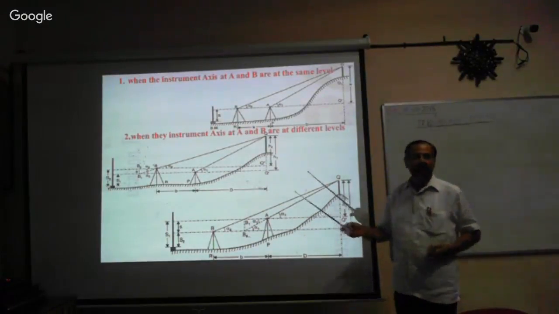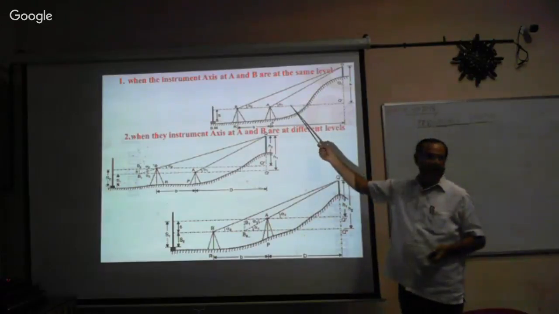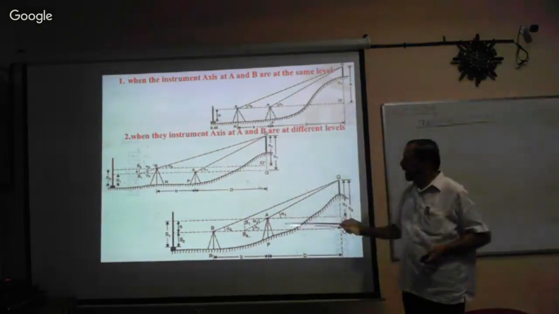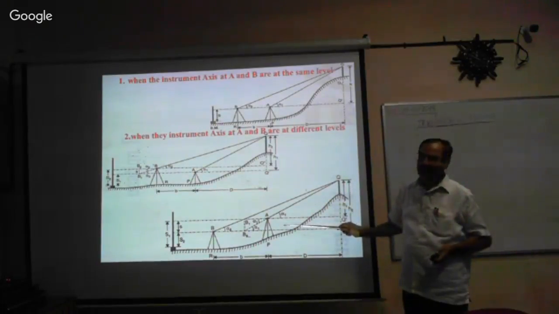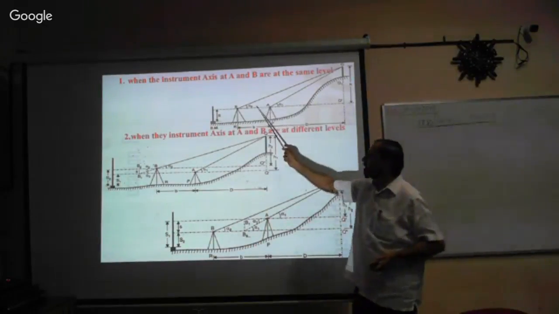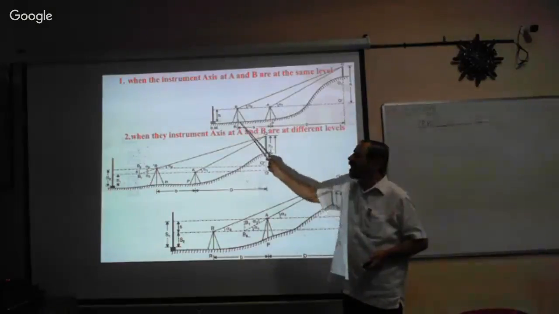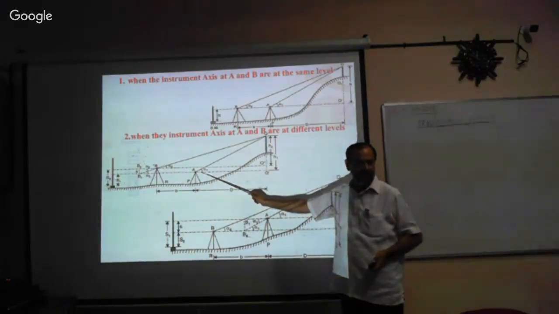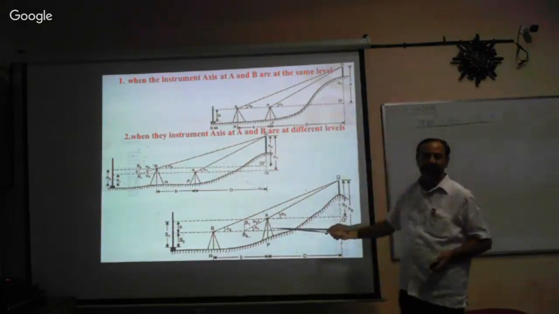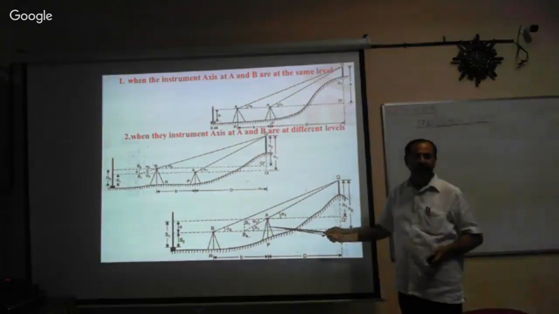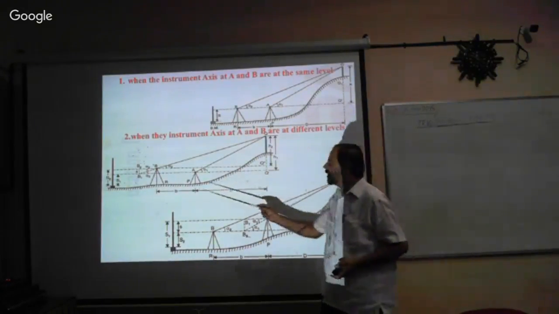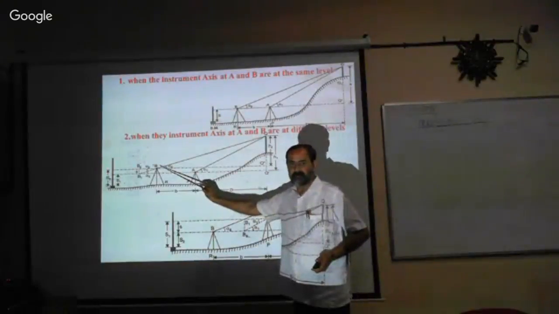See now, this is the first situation, the second situation, and the third situation. In the first situation, both the instrument axes are at the same level. In the second situation, this is at the lower level, and in the third case, understood? Therefore, we must make some construction here.